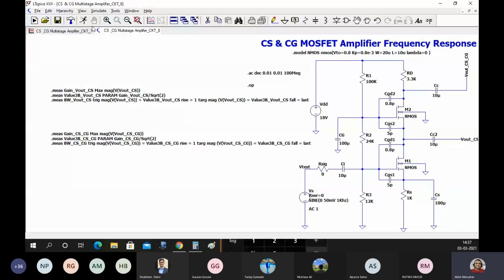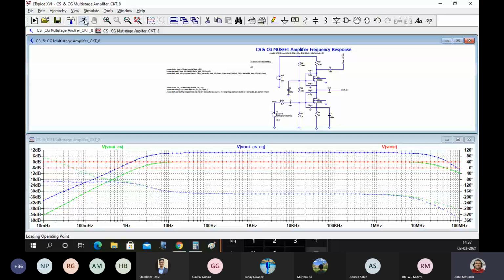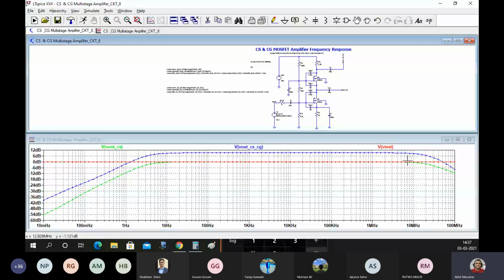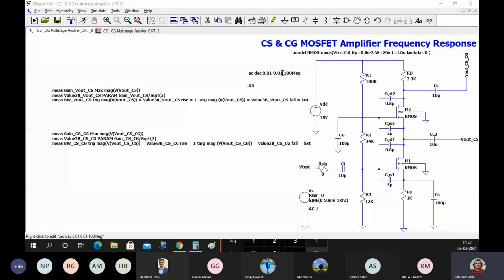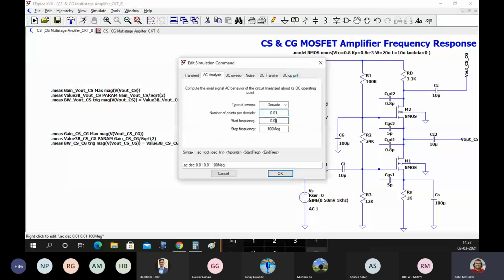Now we don't want such a low frequency response, so we'll cut short this to 0.1 as the start frequency and simulate. This is also too much, so we'll start with just 1.